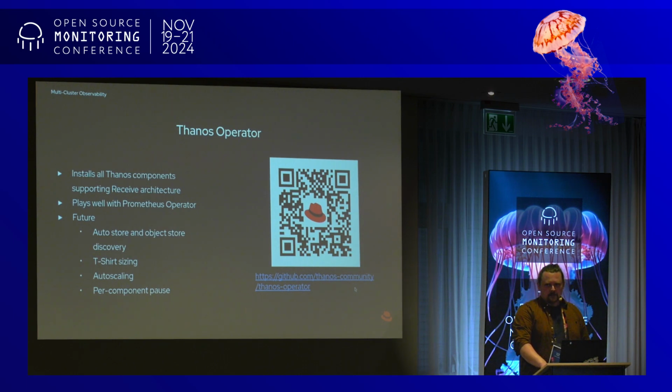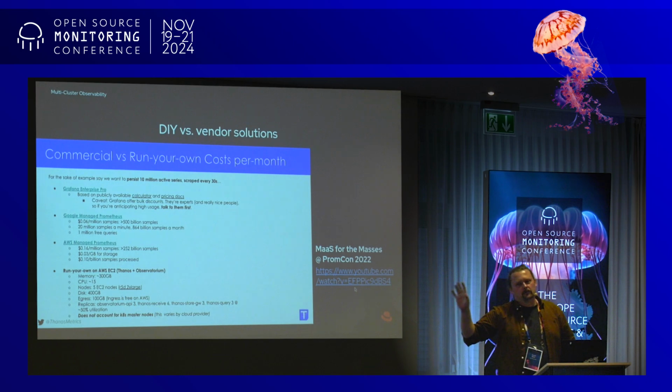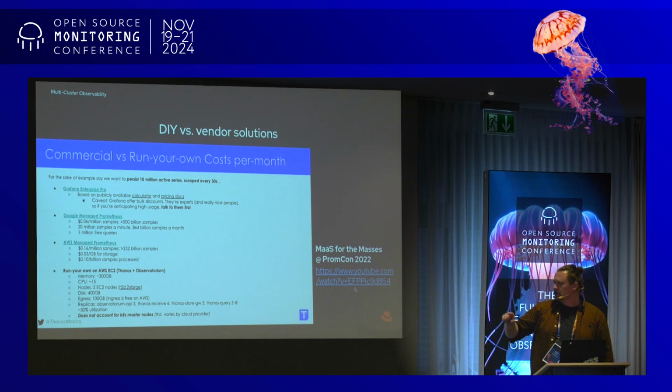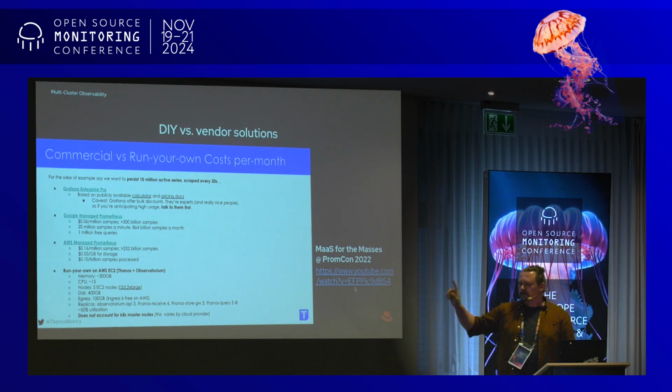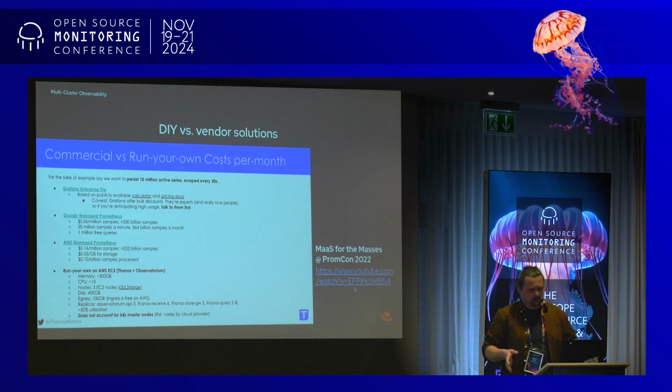Good. Last topic is a quick comparison between do-it-yourself and vendor solutions. I stole that from a talk from two of my team members from PromCon 2022. So if you want to watch that full talk, go here. They were basically also talking about monitoring as a service and trying to compare costs when you run that on your own, your self-hosted infrastructure fully built on open source, compared to just using a vendor solution.